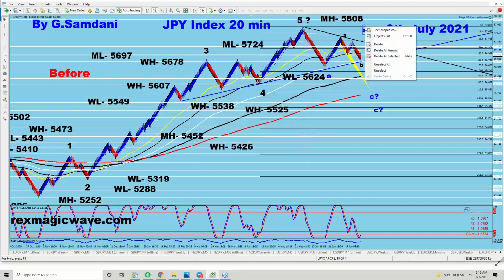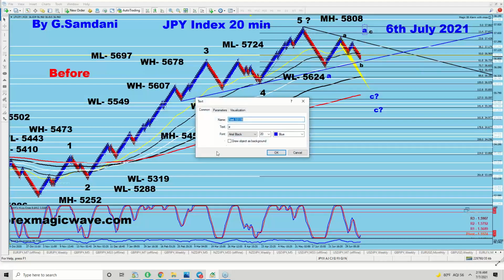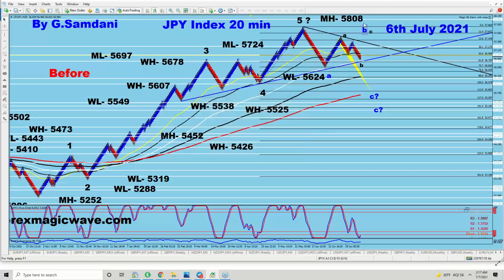Okay, no problem. So it will be B, here. So now these are two possibilities. Basically, these are the possibilities that will happen today, tonight, maybe tomorrow, right?